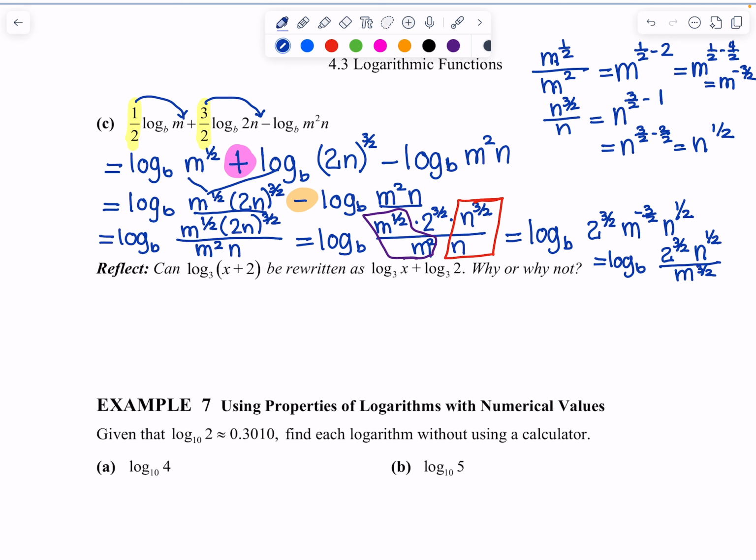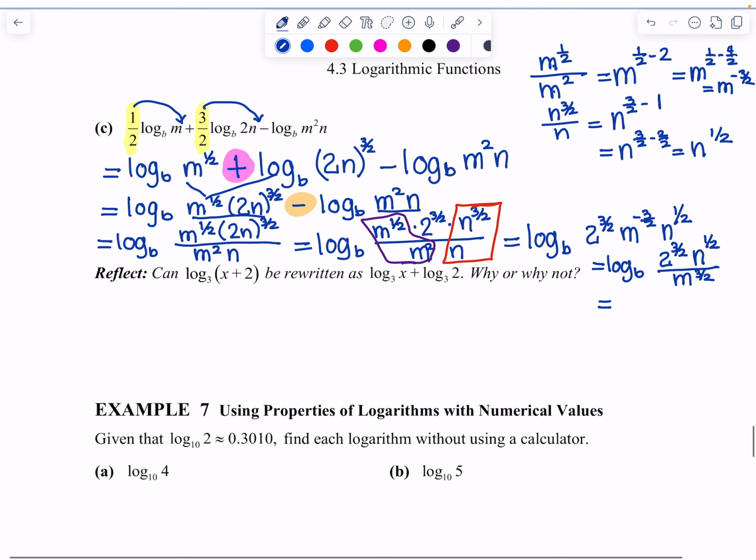Now, do you all see that I can pull out a 1/2 out of each one of these exponents, just the exponent part right now? So I can rewrite it as log base b, and I can say 2 raised to the 3rd, because I can only pull out 1/2. n would be to itself, because if I'm pulling out 1/2, and then it'll be m to the 3rd here.